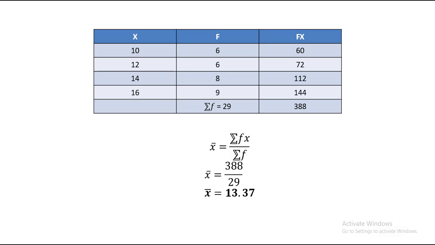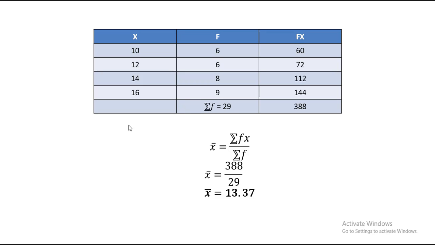In this particular scenario, x represents the observation itself, because there are no classes. As I have written earlier, for group distribution x represents midpoints, not classes, because the classes are given in interval form. But here, x directly represents the observation, because there are no classes, so we don't need to find the midpoints.